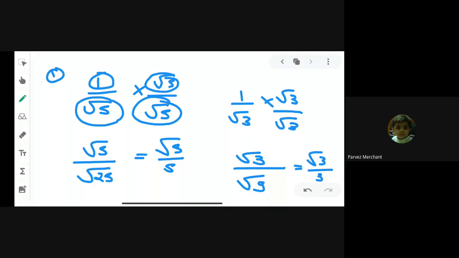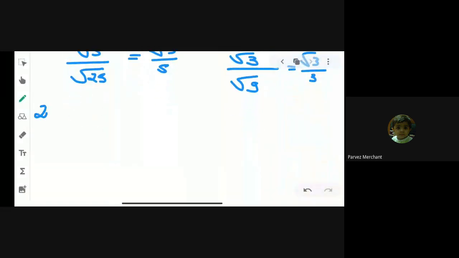Now you can see another pattern for rationalization. If you have 2 minus root 3 in the denominator, now you know that root 3 is an irrational number and it is in the denominator, so we have to do rationalization. And for rationalization, we multiply and divide with itself.